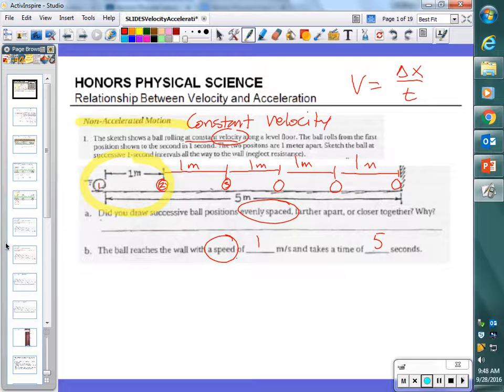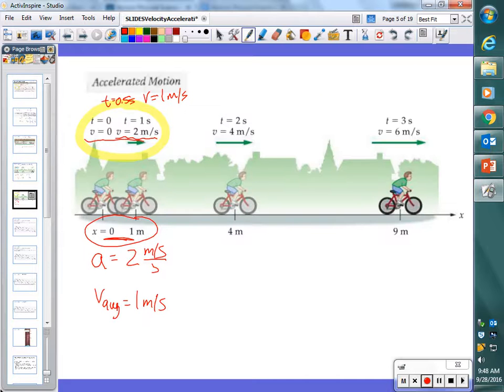Hint, it's up on the board. Delta x divided by t. That's our definition of velocity. Are we okay with that? Well, this is velocity, right? Yeah, it's an average velocity, but it's still velocity. So using that definition, we can figure out how far this bike rider went.